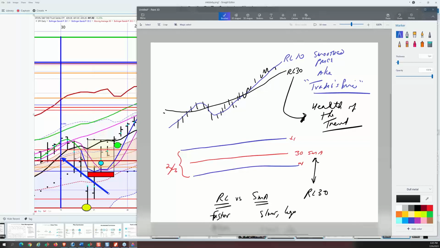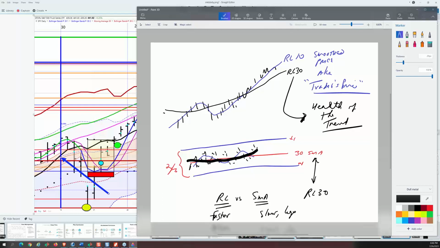When price is moving along inside the river, with the little price bar action, you get the RL10 moving along kind of with it. Everything is just oozing along in the middle of the river. And the RL30 is going to be kind of smooth in the middle of that river too.